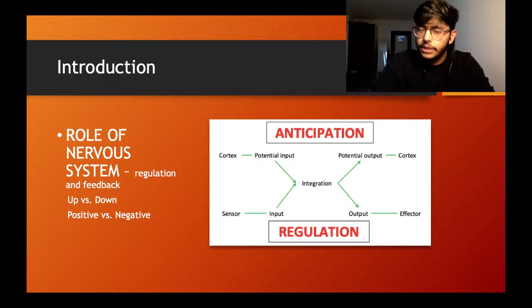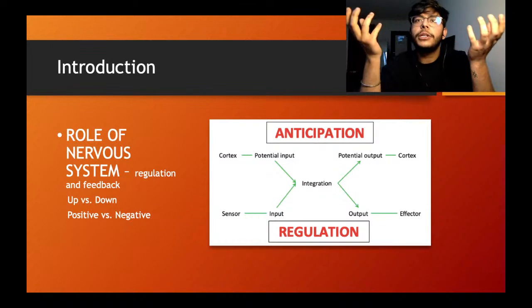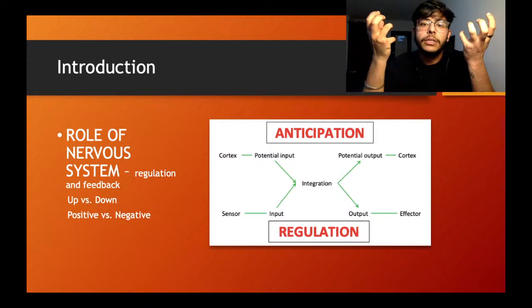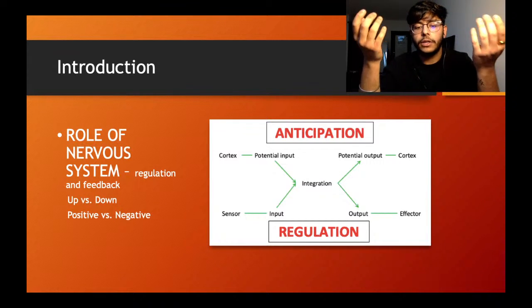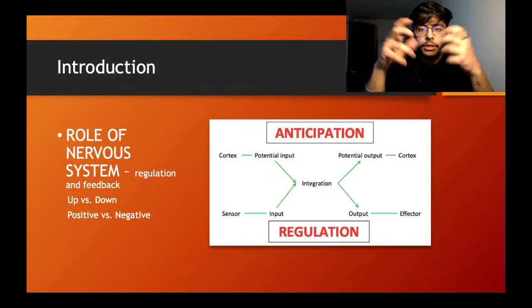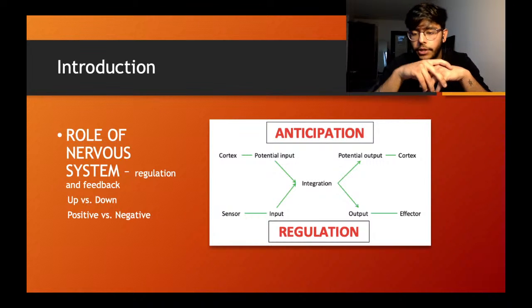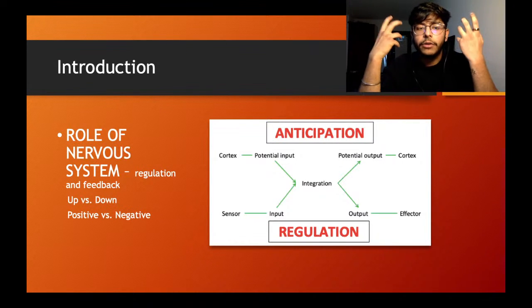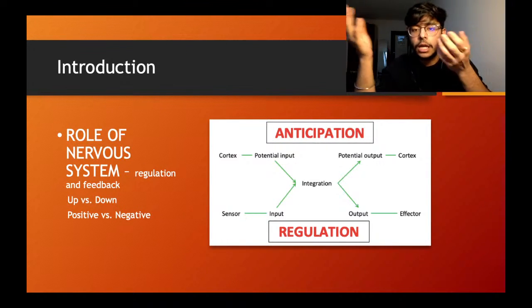So essentially, all it is, is an interplay of anticipating a certain stimulus and having a certain response towards that stimulus. Now, how does that happen? Anticipation is a very higher order brain thinking skill.